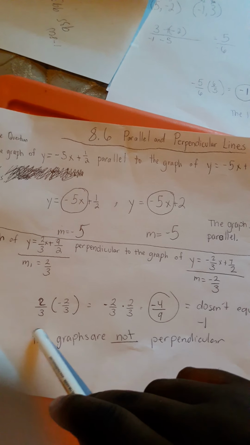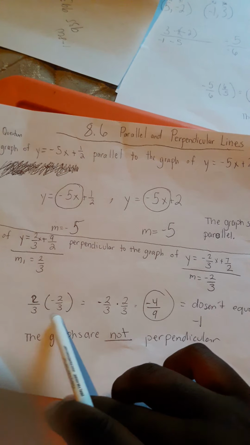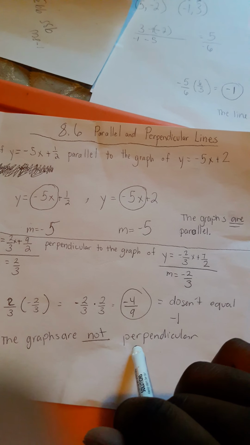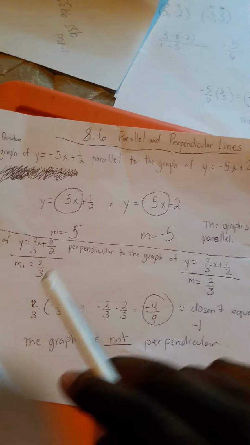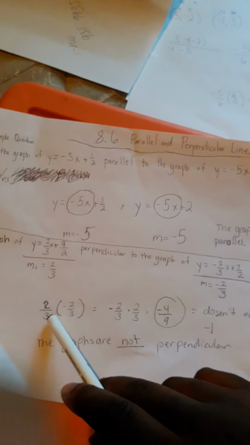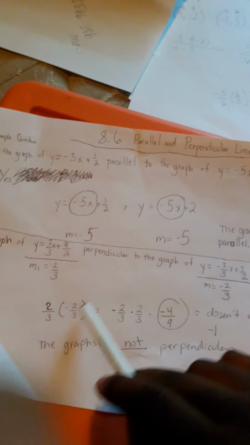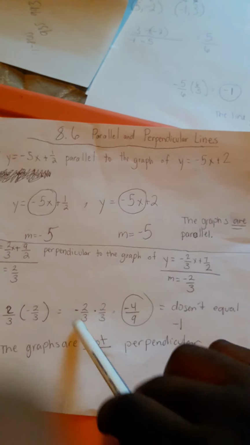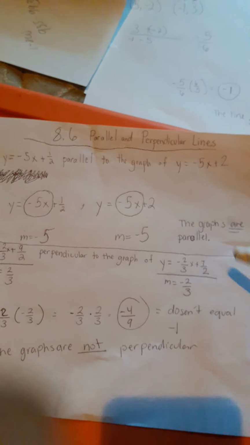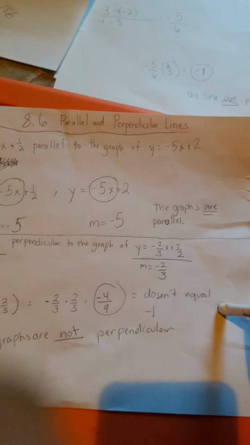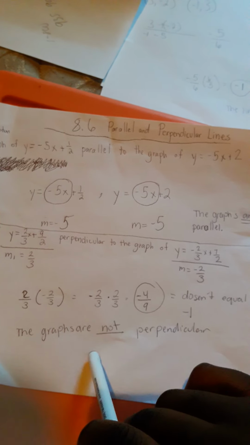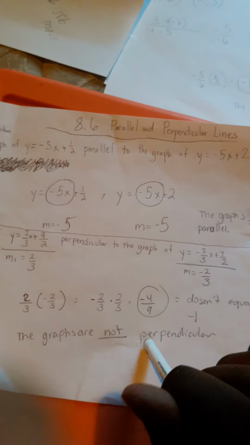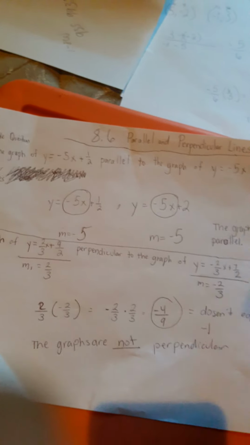So what I did was I multiplied them, because when trying to find the perpendicular, it always has to equal -1. So I multiplied the positive 2/3 from here and the negative 2/3 from here, and I got -4/9, which doesn't equal -1, and I couldn't reduce. So we know that the graphs are not perpendicular. And remember, when we're trying to find perpendicular, it has to be -1. Without -1, it's not perpendicular.